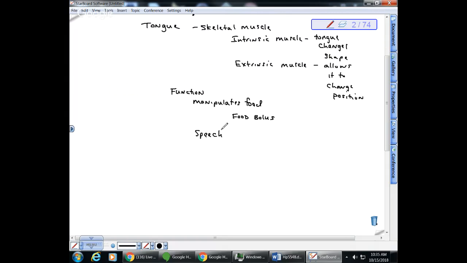Okay. And then obviously we also have the ability to taste. So we have taste buds on the surface. And what these do is allow chemicals that are in solution to come in and bind to receptors. So the taste buds have chemoreceptors that bind chemicals in solution.